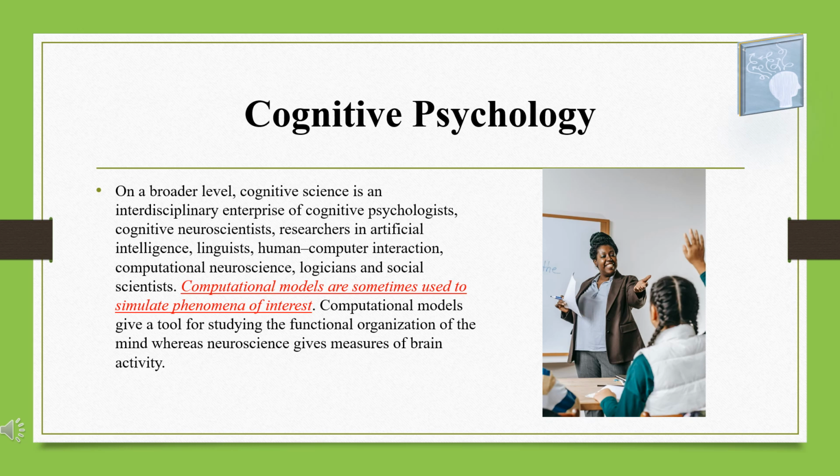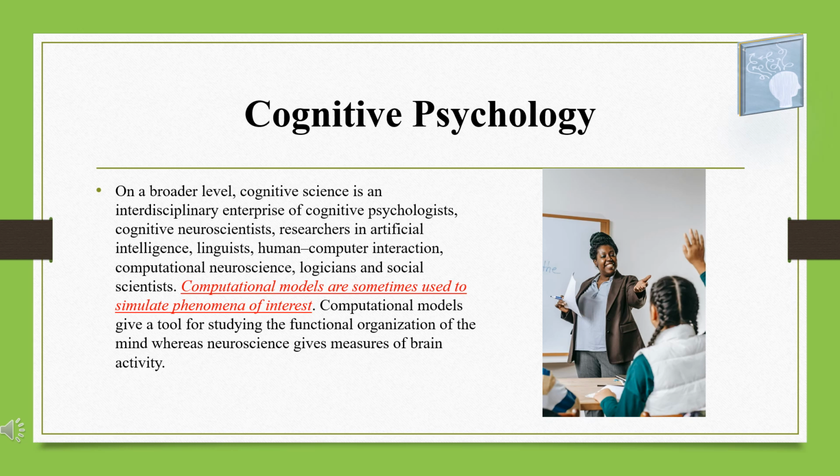On a broader level, cognitive science is an interdisciplinary enterprise of cognitive psychologists, cognitive neuroscientists, researchers in artificial intelligence, linguistics, human-computer interaction, computational neuroscience, logicians, and social scientists.